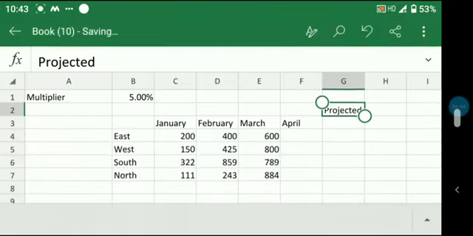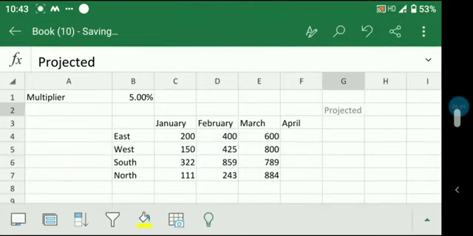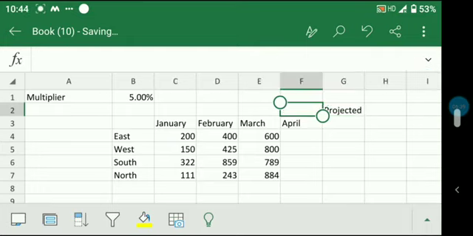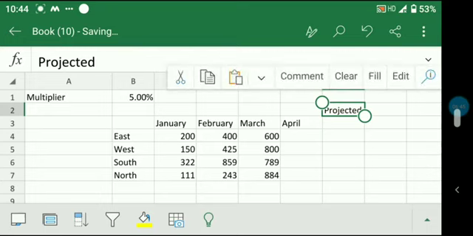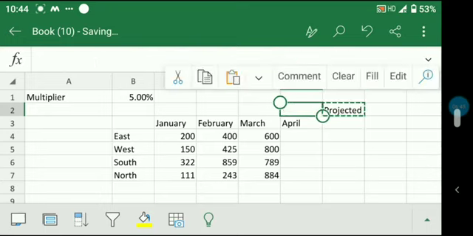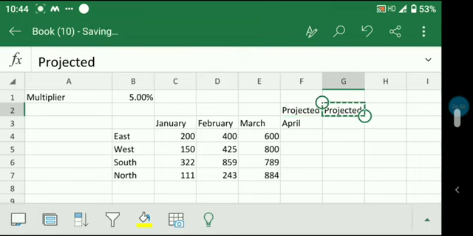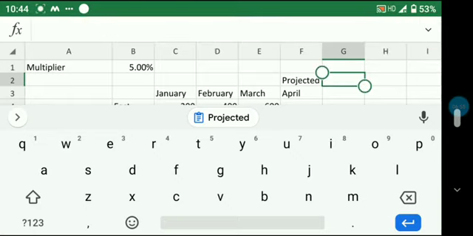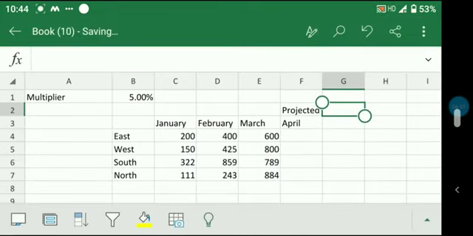I've written the projected part for April, and we need to apply the formula for it.